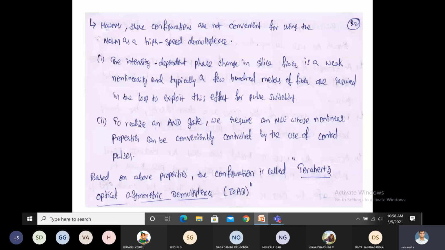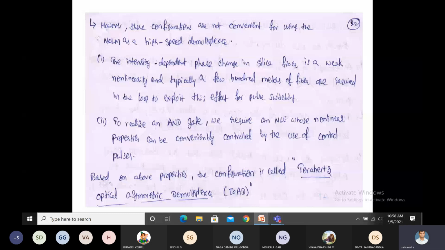That is, the phase change depends upon the input. Next, the second one. Here, every time we are applying this AND gate operation, whenever the non-linear properties come.